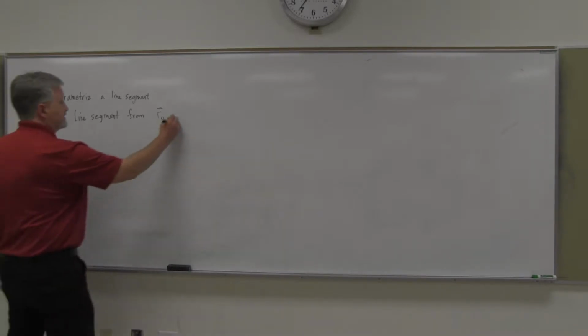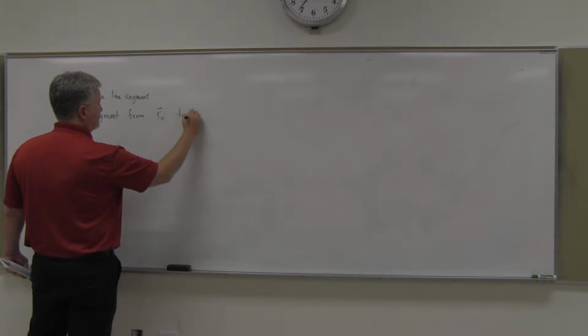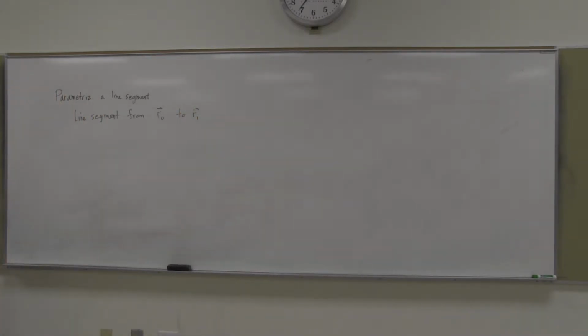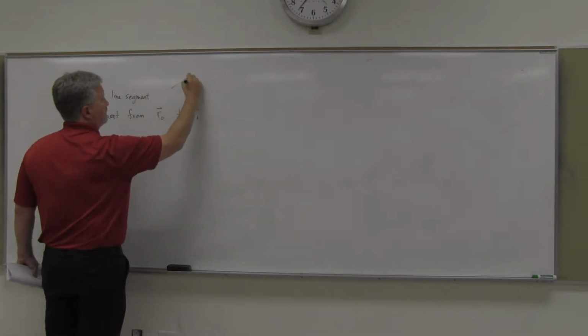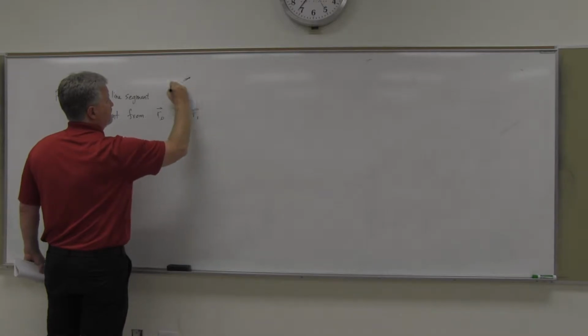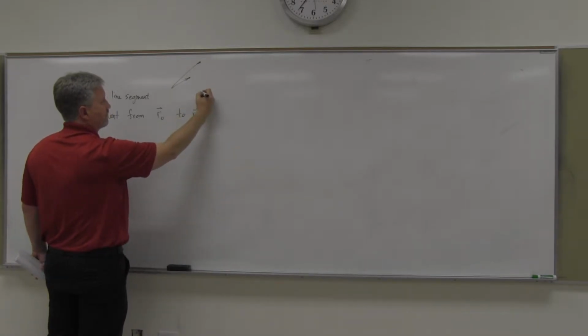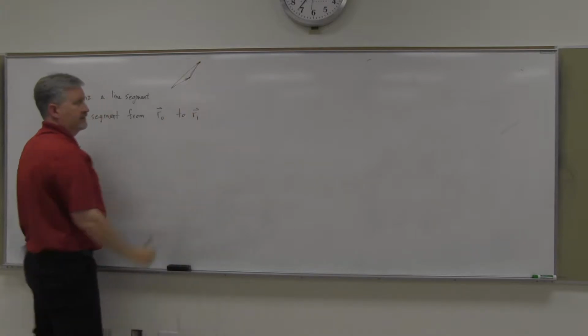I'm doing a line segment from R0 to R1, meaning the line segment from the tip of R0 to the tip of R1. So it's that line segment there, okay?